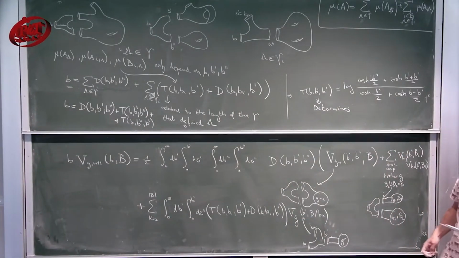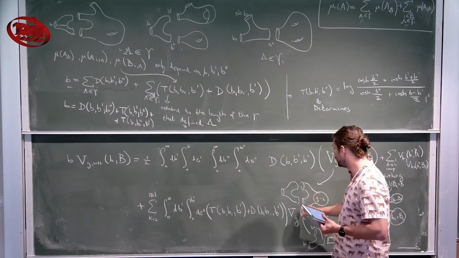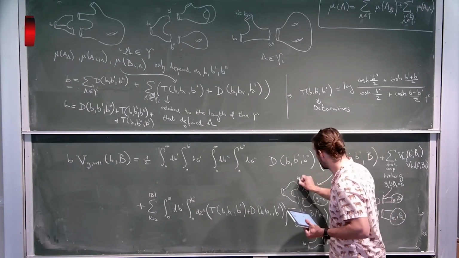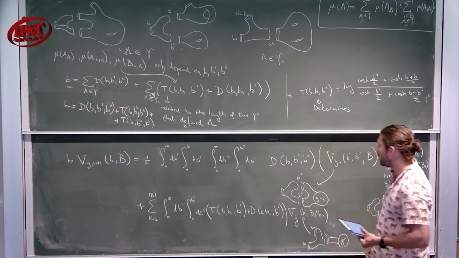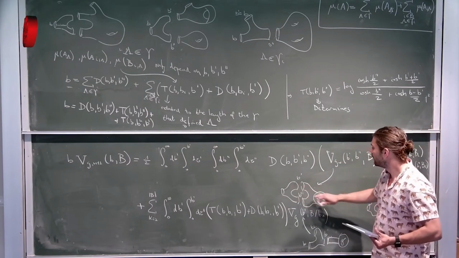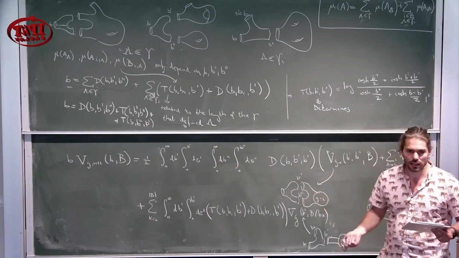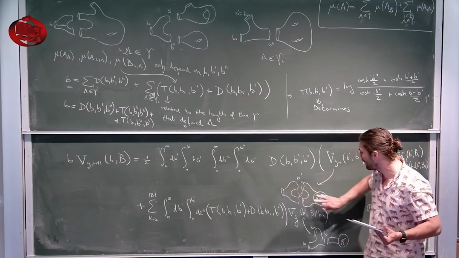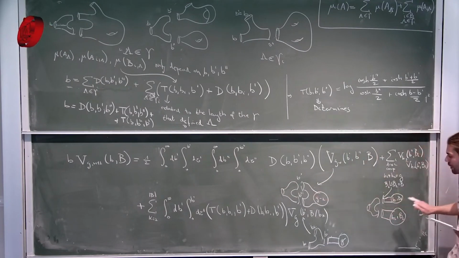In other words, if I acted with any twist on these two geodesics, in this case, this has length B prime and B double prime, I would always obtain a type of geometry that after cutting along the two new geodesics always has this sort of cut into a pair of pants and a geometry of genus G minus 1. So that's why essentially these are the three representative cases.